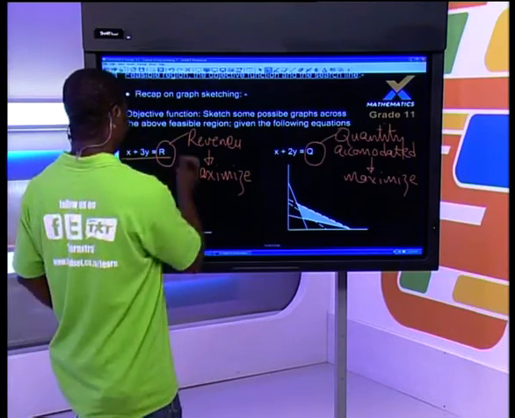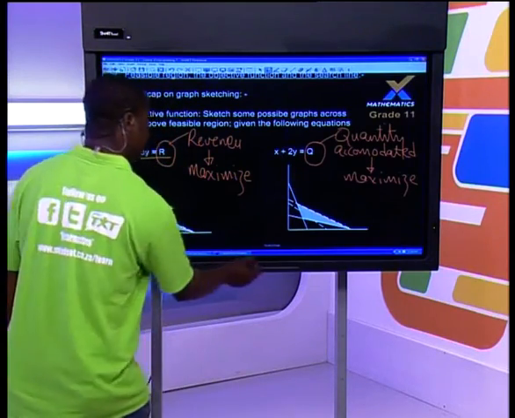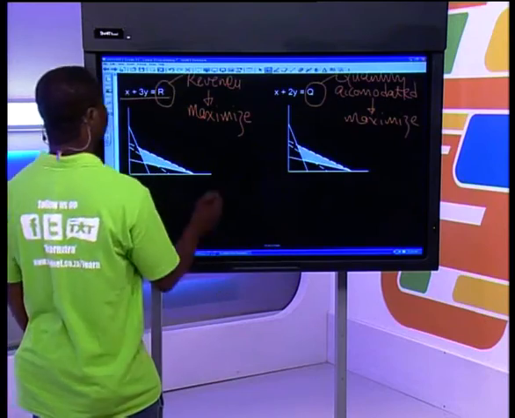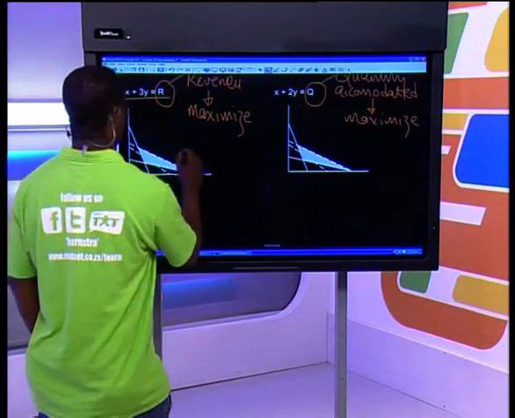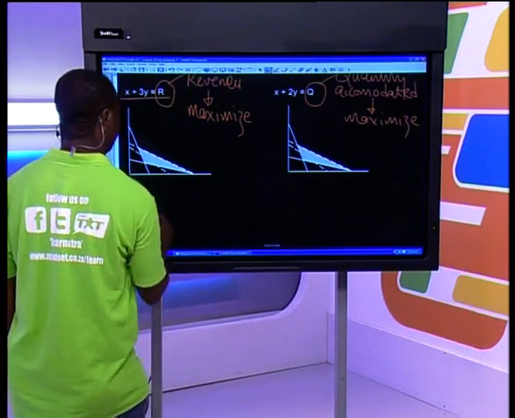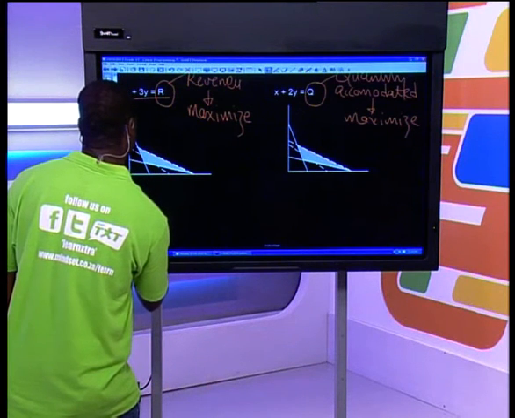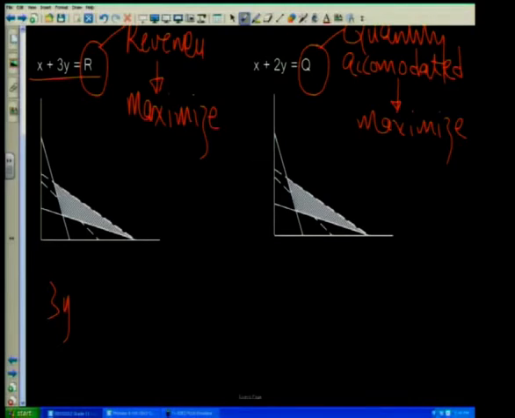All right. So in this case, let's deal with this revenue. If we rearrange this equation, it will come out as 3y equals minus x plus r.